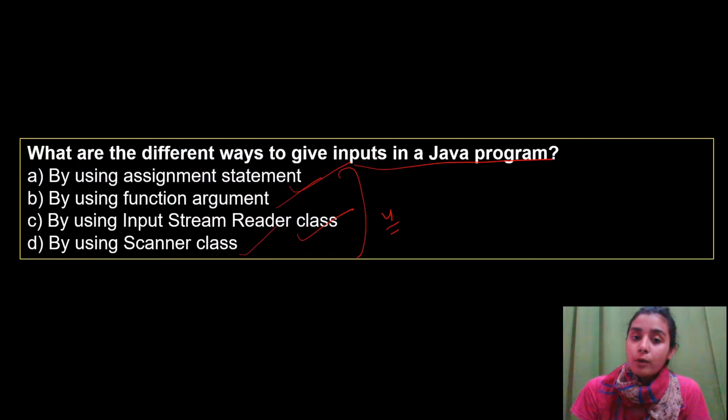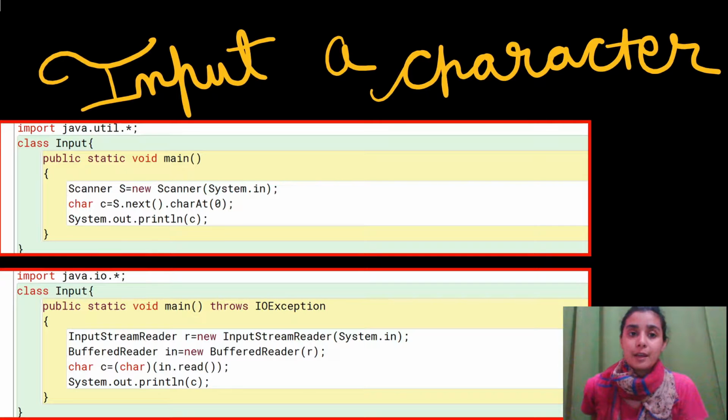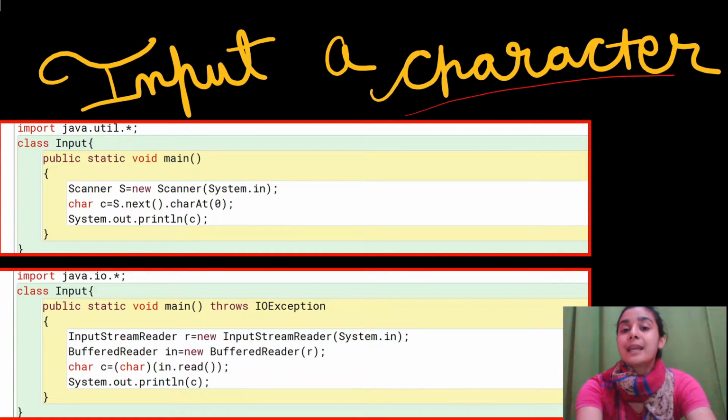You have already discussed that in the ninth class and in the revision of ninth class in 10th. So now what is my purpose here? My purpose is how we can give the input in a Java program if we want to give the input in char form.